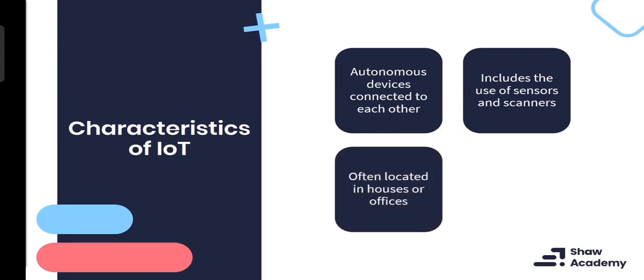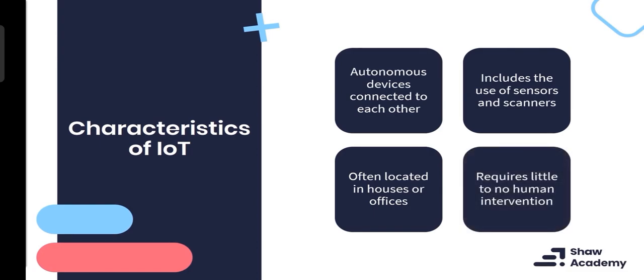Also, we would tend to use IoT in either offices or home spaces and even outdoors, like on farms, for example. The idea again here is it all boils down to what data you want to retrieve. Okay, and then lastly, as we mentioned before, it requires little to no human intervention because everything is autonomous and software driven.